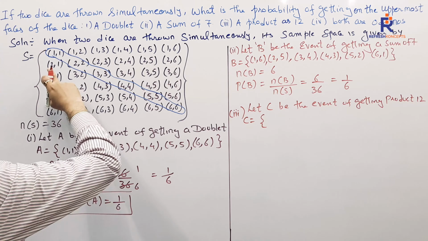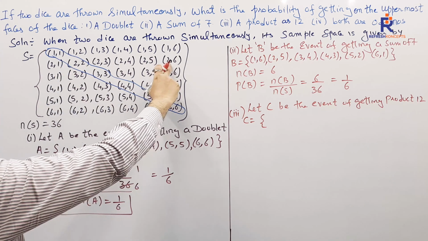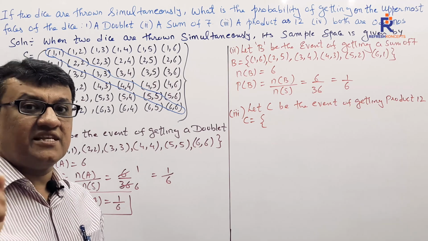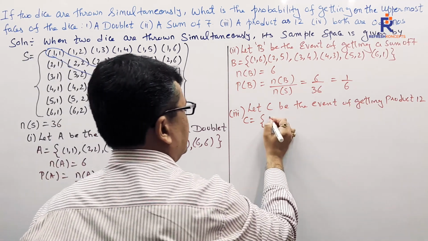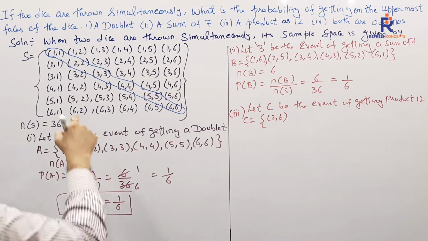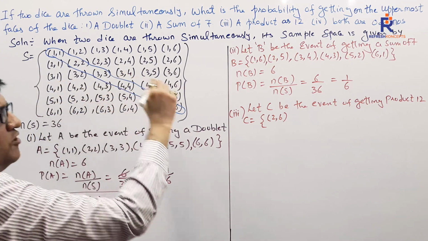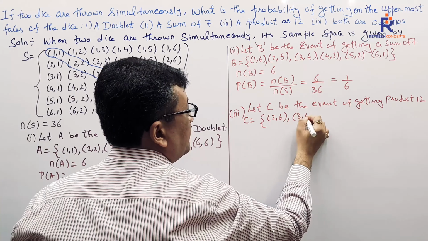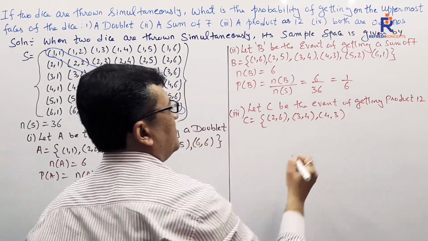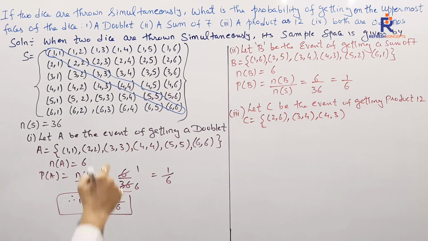Second row, last one, 2, 6, 6 twos are 12. So that's the first entry, 2, 6. How about the third row? 3, 4. Likewise, the fourth row, 4, 3. If 3 fours are 12, 4 threes is also 12.